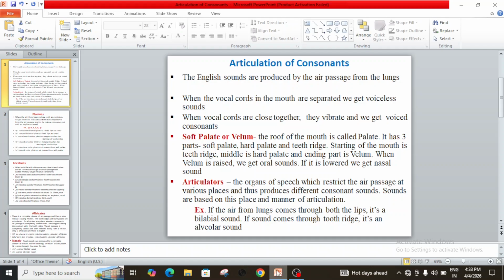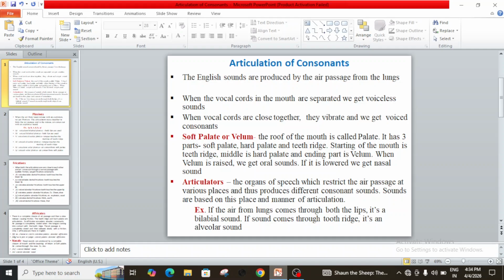If the sound comes through the teeth ridge, it's an alveolar sound.